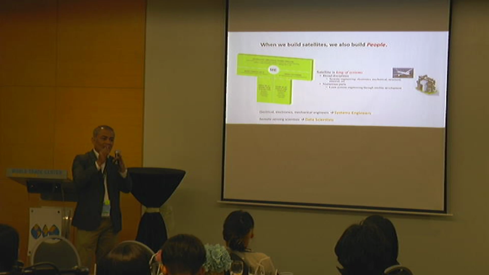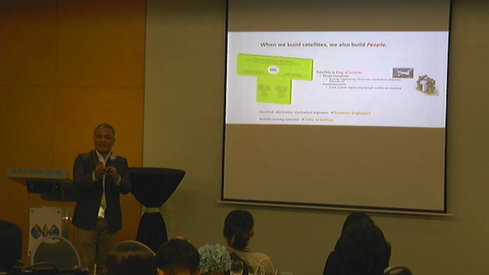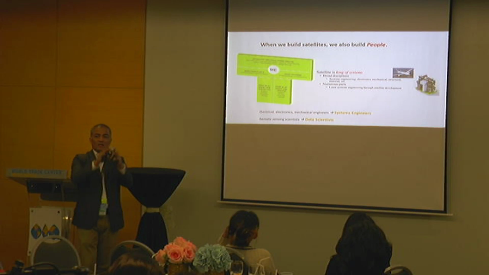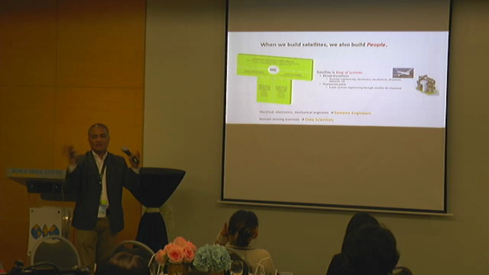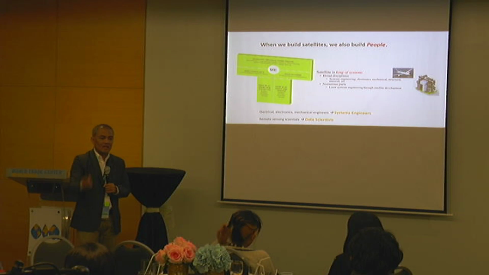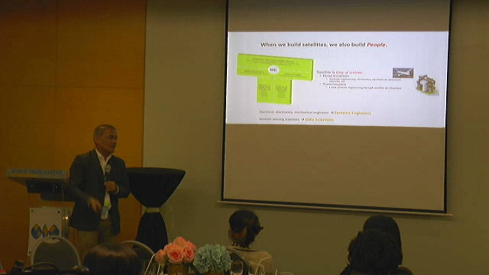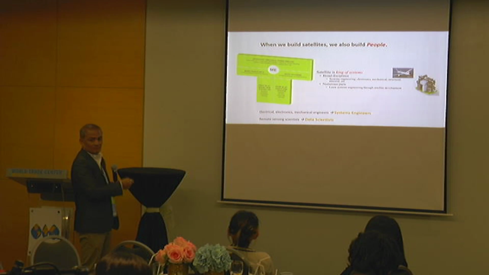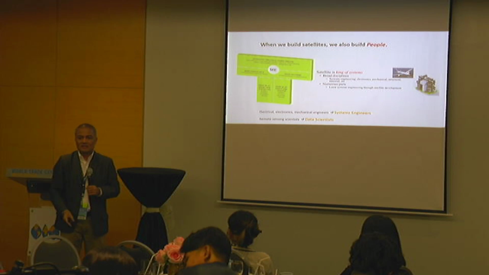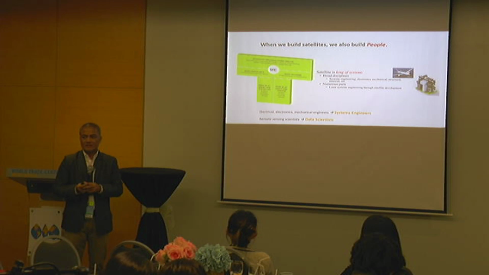Ibig sabihin ng I-shaped, vertical ka lang. Vertical. Ibig sabihin, magaling ka sa ginagawa mo, magaling ka sa alam mo, pero alam mo ba yung iba? Kaya mo ba mag-work with others to solve bigger problems, bigger challenges? Kasi kung ikaw lang, electrical engineer ka, mag-isa ka, o mag-isa kang mechanical engineer, hindi mo kayang gumawa ng satellite by yourself. Okay? You need to work with people from various disciplines.